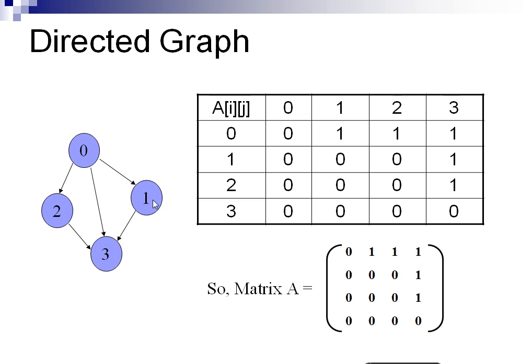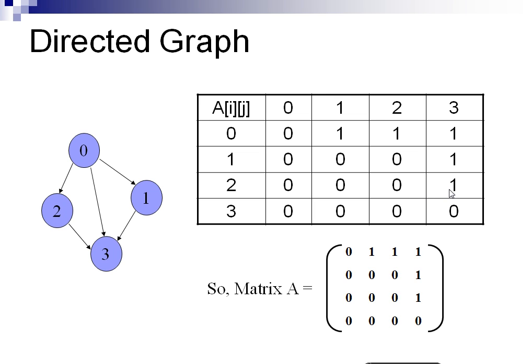Now look here, if we begin with node 1, only one edge is going outward, showing edge orientation towards node 3. So all other nodes are not having any oriented edge here. We'll simply write it as 0, whereas towards node 3 we'll write it as 1. And from node 2, if we begin to find an outgoing edge, we'll find an outgoing edge to only node 3.